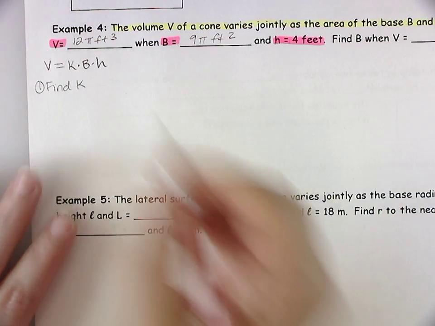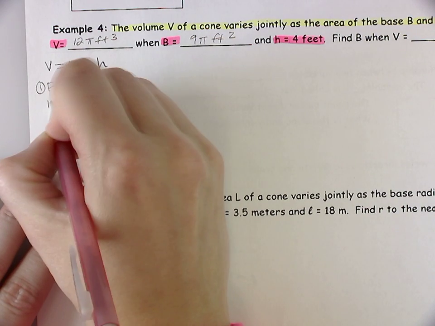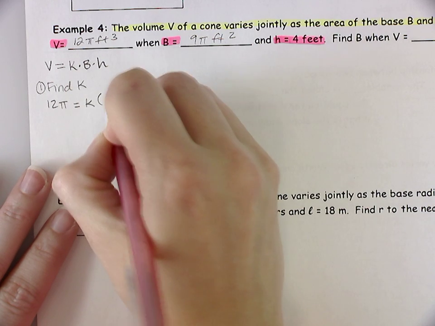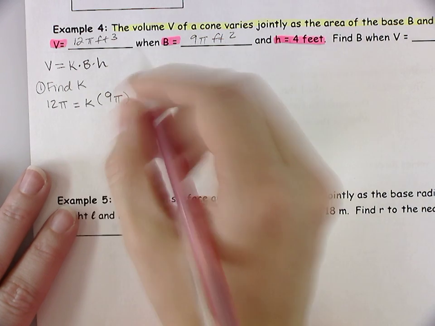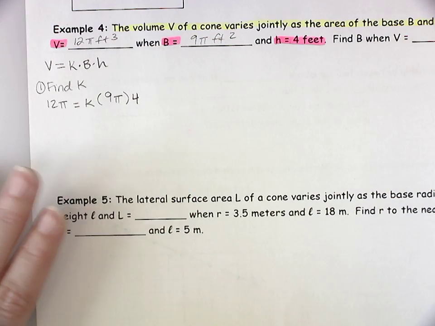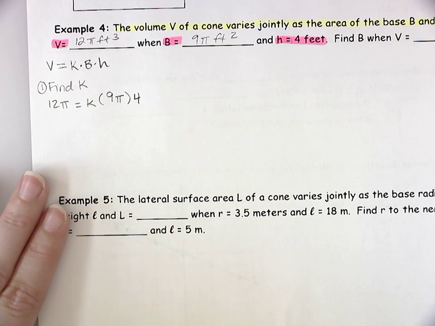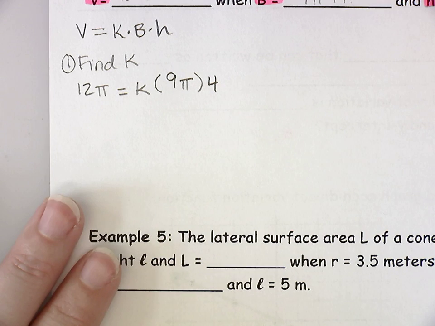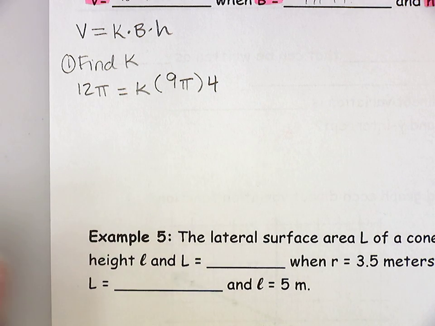So the volume was 12 pi, we're trying to find k, B was 9 pi and h was 4. Now, do you know how to multiply 9 pi times 4? We're not going to do decimals.